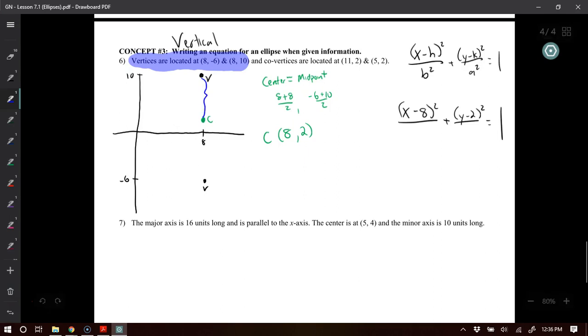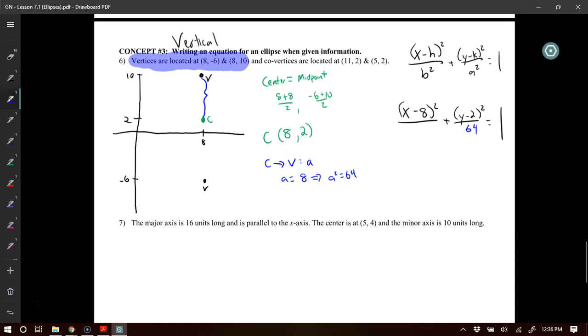I mean, that's a. And my center is the coordinate 8, 2. So if I'm saying, you know what, from the center to the vertex is the value a. Well, in that case, a from 2 to 10 is 8 units, which means a squared is 64. So boom, 64. That wasn't too bad.